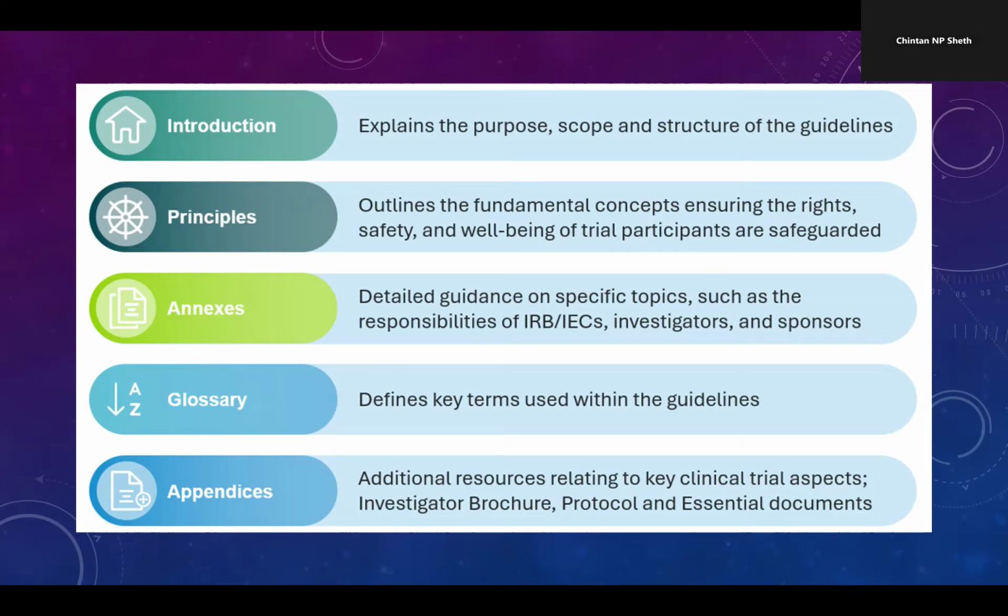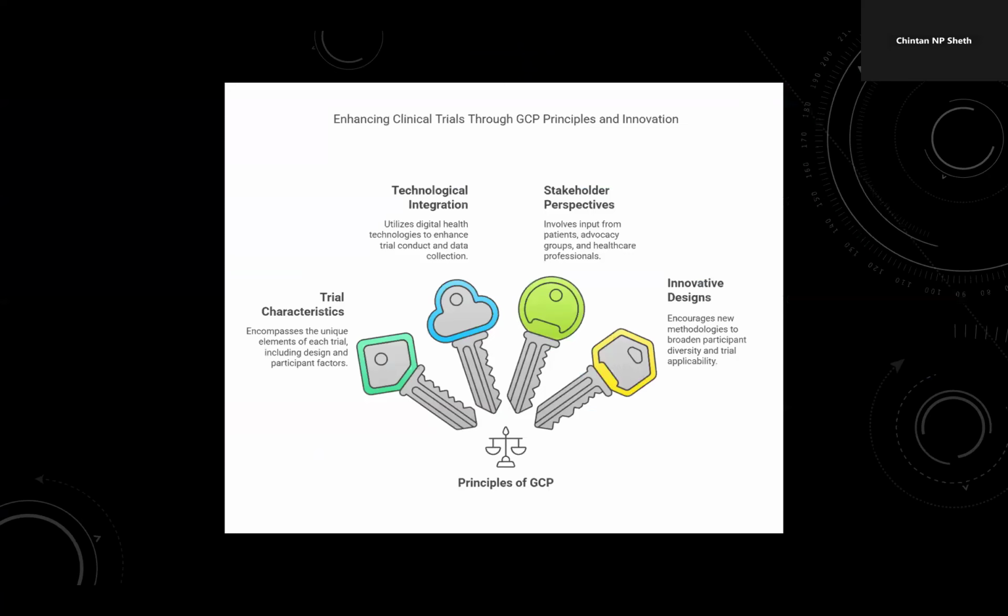We have a separate video on IRB and IEC, so search for the video on the channel and you will get great insights. It now also has a glossary, which defines the key terms within the guidelines, and appendices that have additional resources relating to clinical trial aspects, the investigator's brochure, protocol, and essential documents. Now let's begin to understand the principles of ICH GCP.